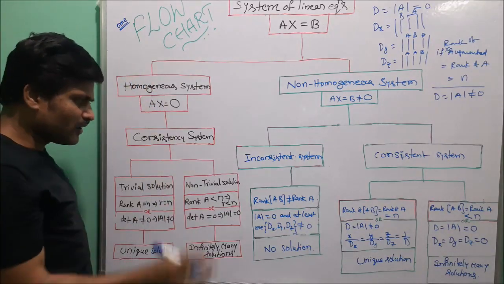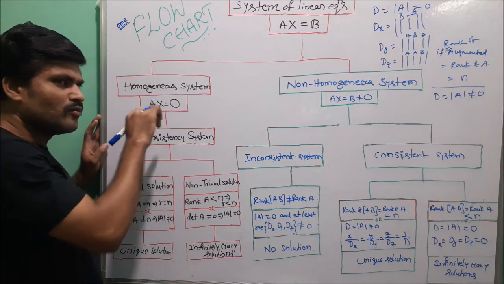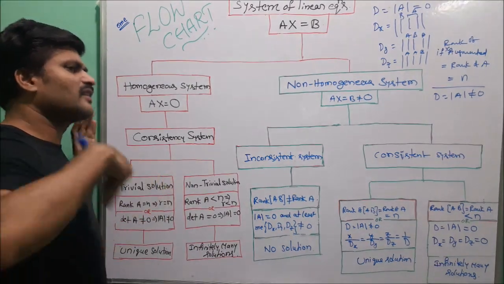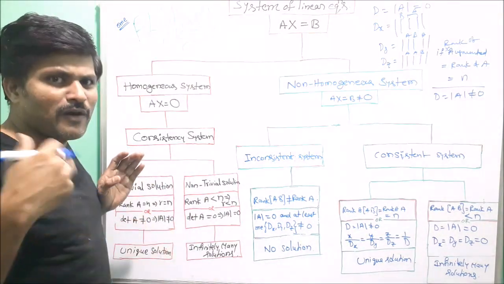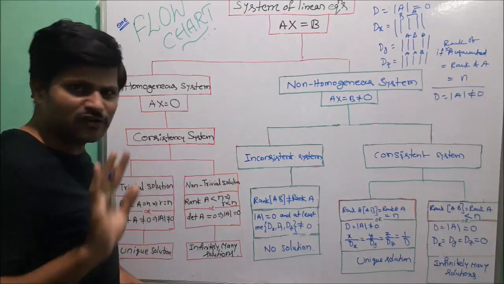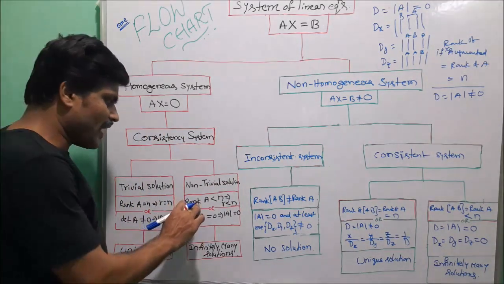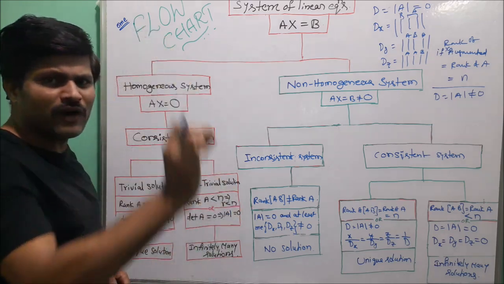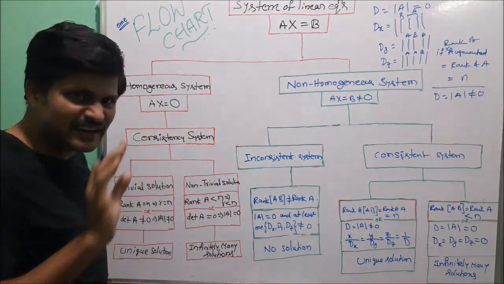Similarly, in this homogeneous system, it may have more than one solution. That means including the 0 solution, other non-zero solutions. That type of non-zero solution is called a non-trivial solution. Based upon rank, here also rank of A is less than the number of unknowns, that is r is less than n.